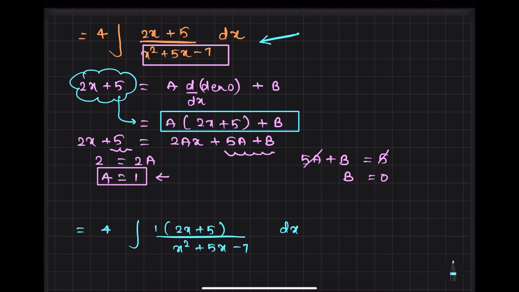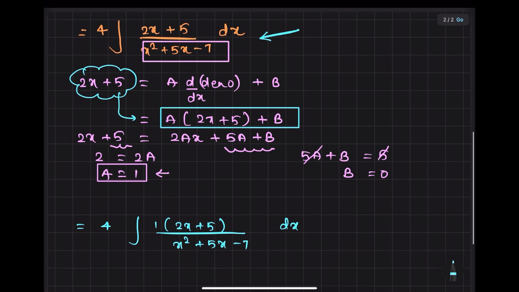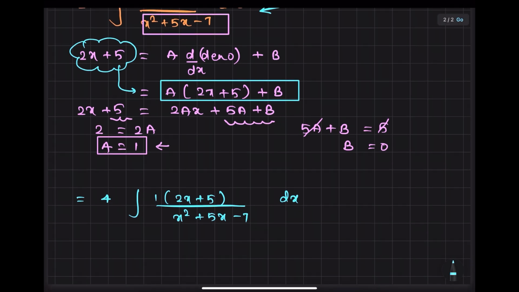Now look at this. Now you can take this function directly as z. Suppose you have taken z as x square plus 5x minus 7.